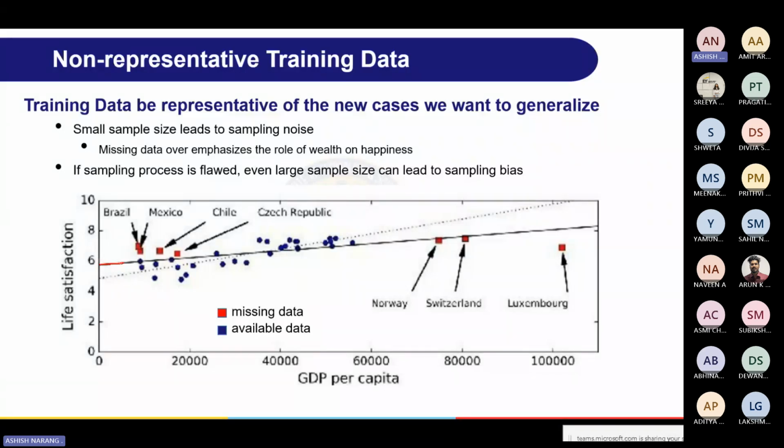Training data must be diverse, unbiased, and representative of real world cases. Missing or biased samples can lead to incorrect generalization and poor predictions. That's what this chart says. If only the blue ones are there, you see this portion, right? But the moment you add this, the model changes. That's what it is.